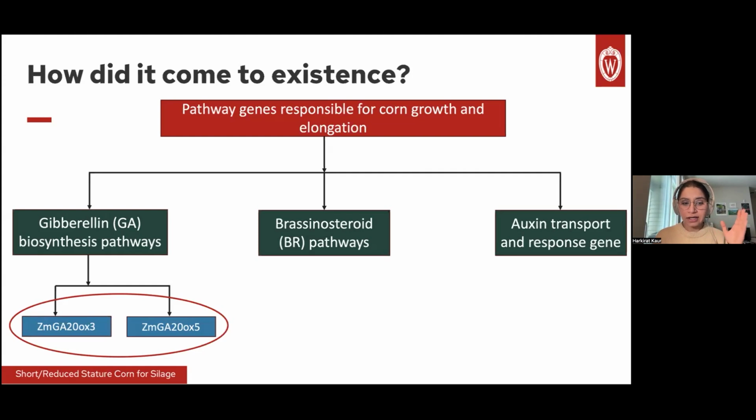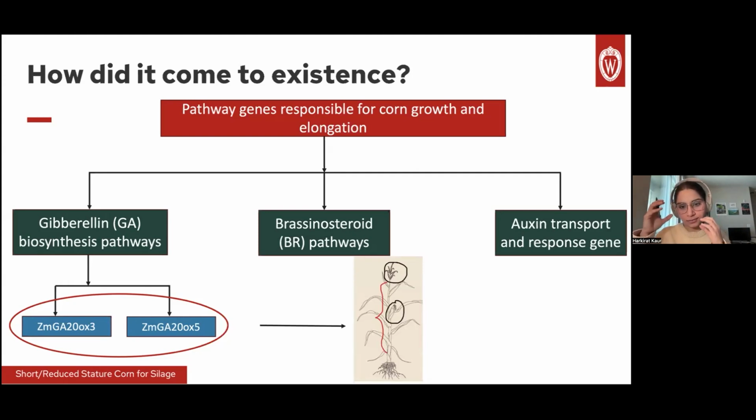These could be altered so that we affect the vegetative part without any impact on the reproductive part of the plant, preserving ear strength and ear size while reducing the overall height of the plant without impacting yield.